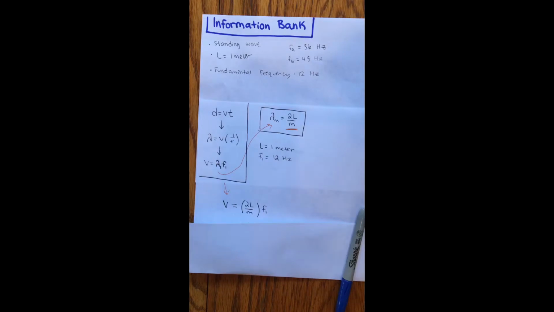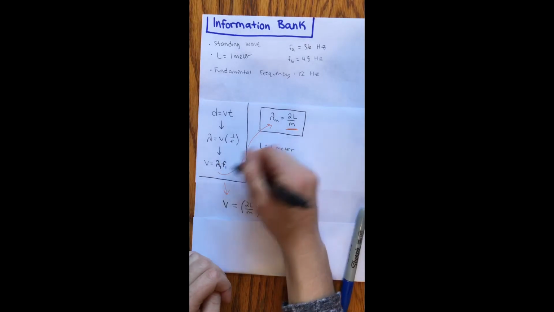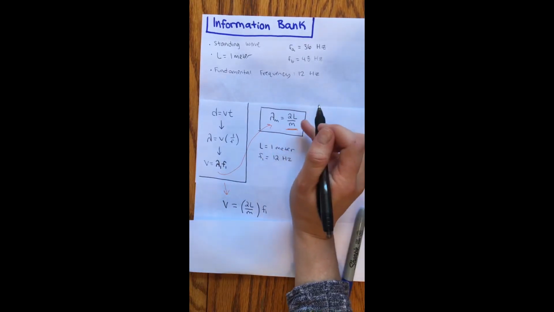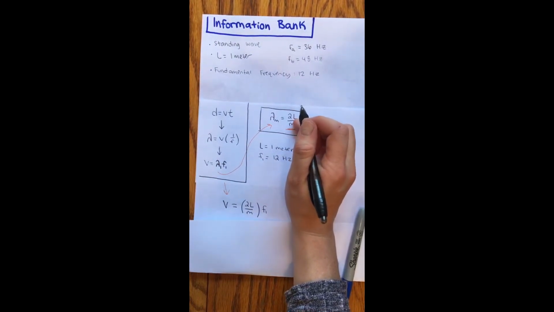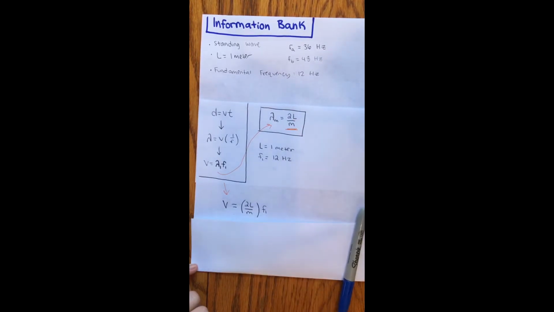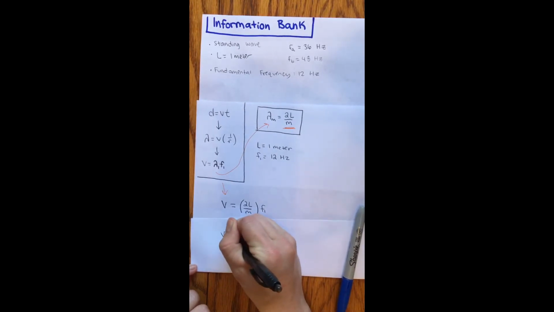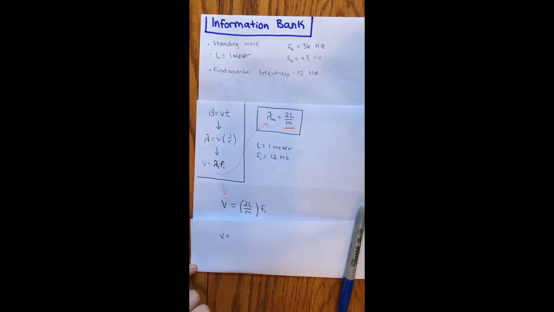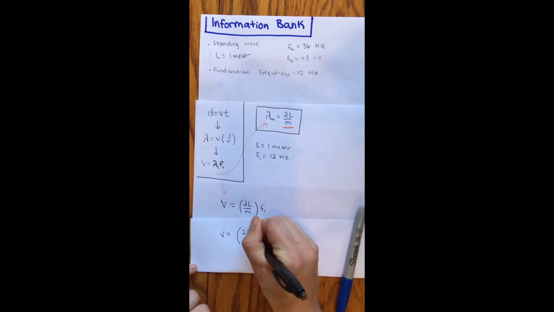So we found the first part of question A, but now we need to get the wave speed. This is a lot faster to do, but you just have to remember that for wavelength, there's a different formula. You just input 2L over m, and so we get V equals 2L over m times the fundamental frequency. So we just input values from our information bank, and this gets us to 2L.